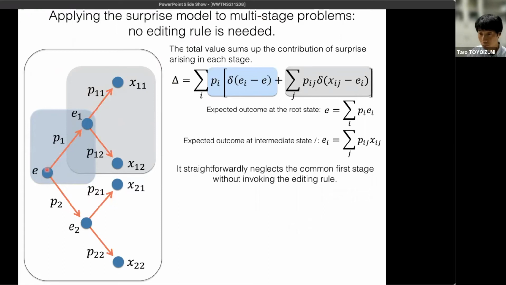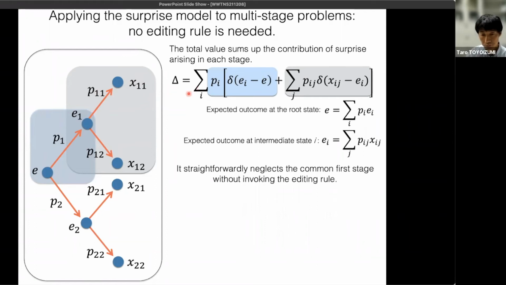Here is the starting point with the expected value E, and P1 is the first stage transition probability, and this is an intermediate state with the expected value E1, and this is the second stage transition probability P11, and here's one possible outcome X11.